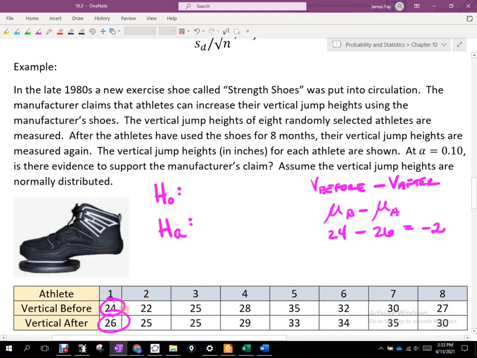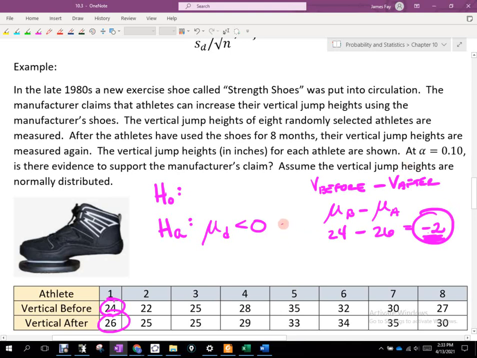So if I get a negative value back, if I did this with all of these data pairs, a negative value because of the way I did the subtraction would indicate that there is an increase in their vertical, which would be the fact that if mu of the differences, the average of the differences, is negative, meaning less than 0, that shows that there was an increase in their vertical. Does that make sense?